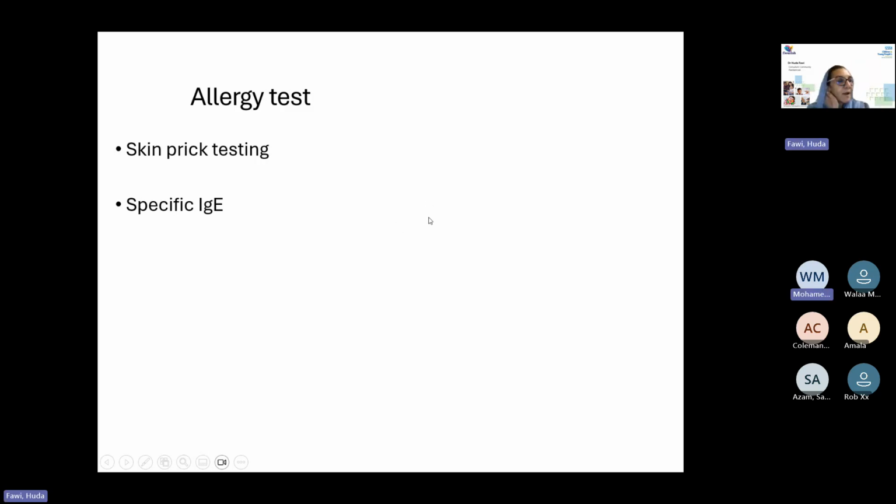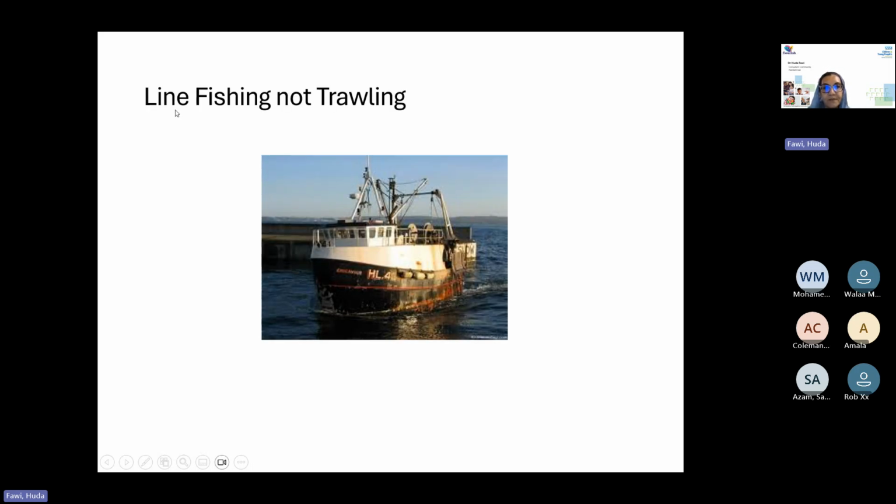Right. So next I'll go to allergy testing. There are two types of tests: skin prick testing and specific IgE testing. What's important is line fishing and not trawling. So from your history, you now have an idea of what causes the allergy.